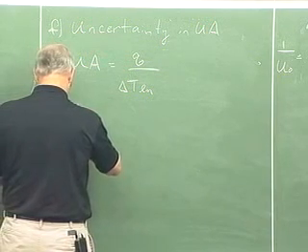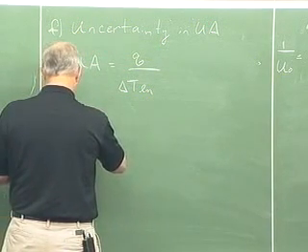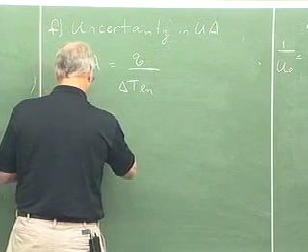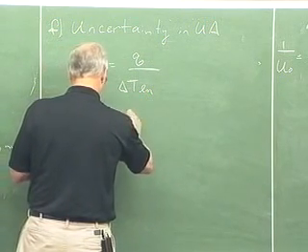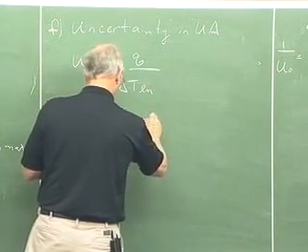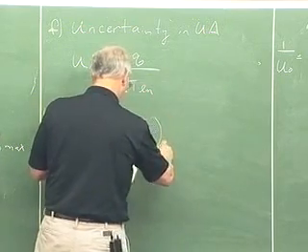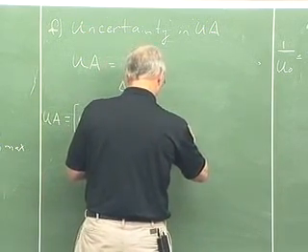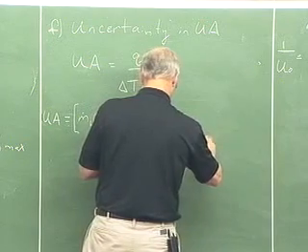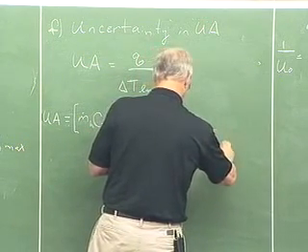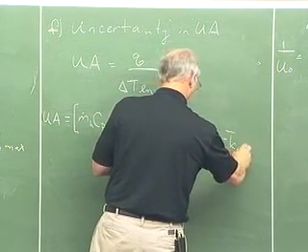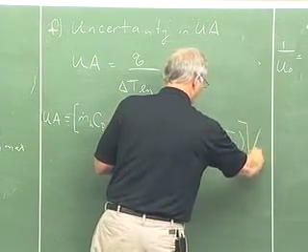We get that m dot H Cph times T hot in minus T hot out plus m dot C Cpc times T cold out minus T cold in, divided by 2.